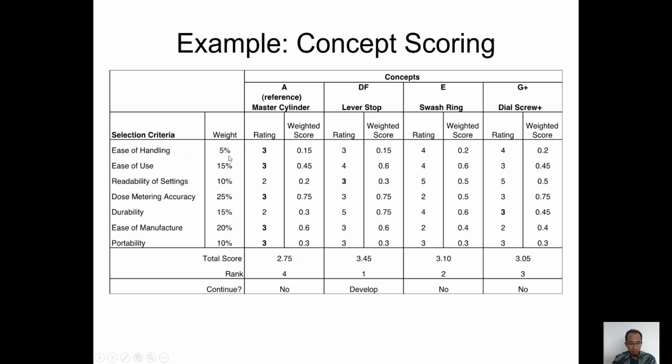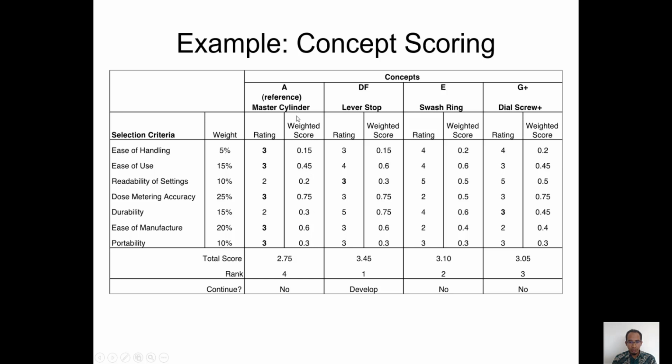Ease of handling 5%, ease of use 15%, and the higher weight is for dose measuring accuracy, which is 25%. Okay, we will have rating here, and we will have a weighted score.